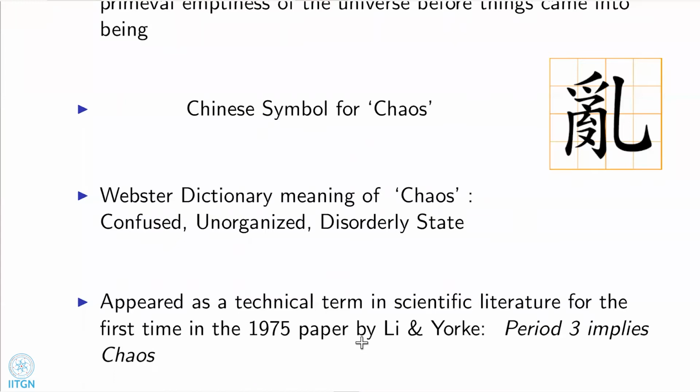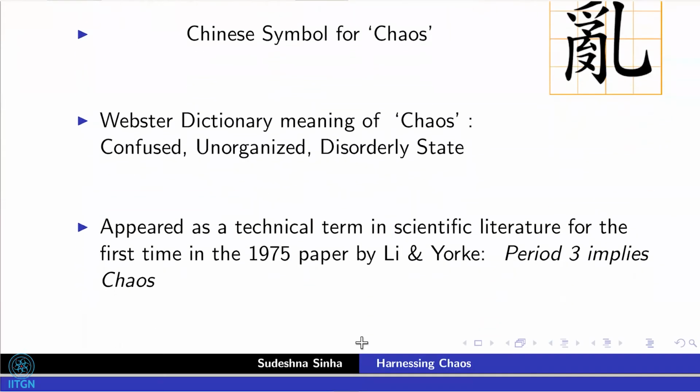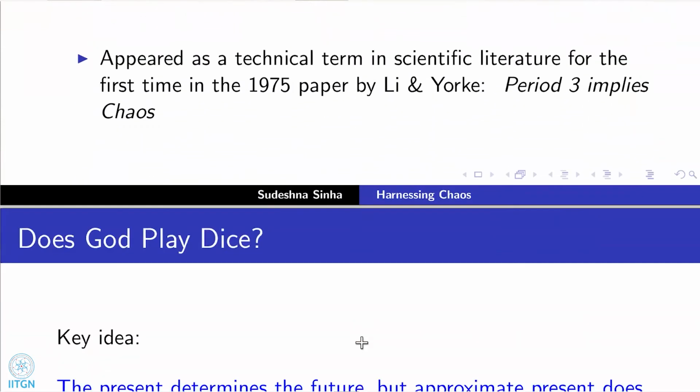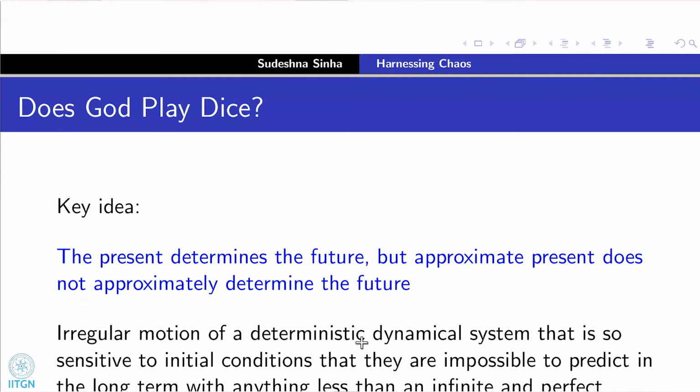Even though people had described phenomena which we know fits the theory, I don't think the word was quite used before this time. So after this time, there was an explosion, and lots of people used this word to exactly describe a certain set of phenomena.